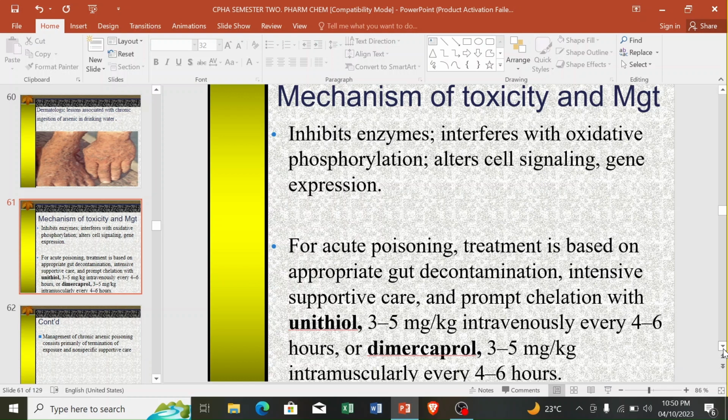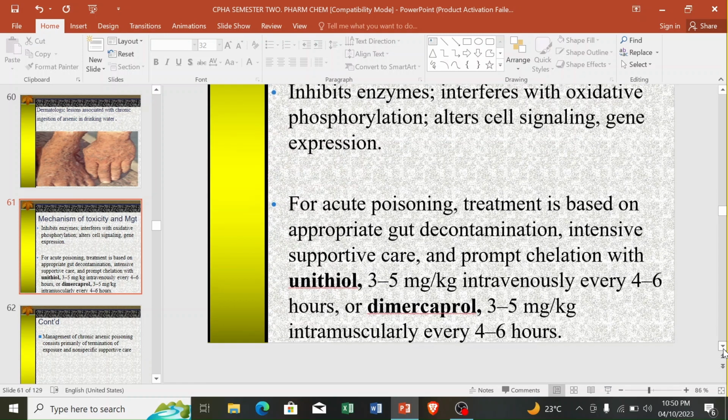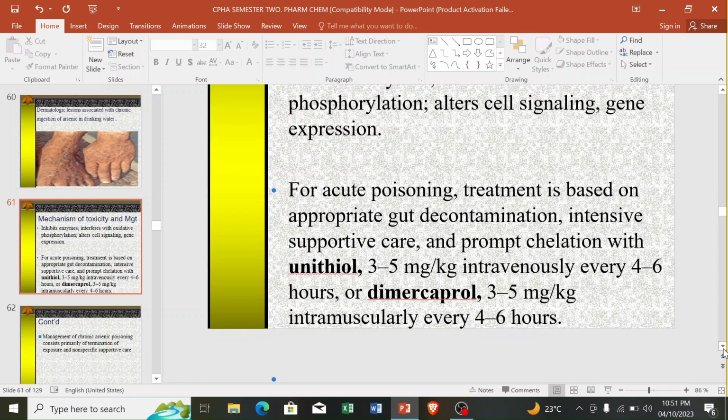Intensive supportive care is needed, and then prompt escalation with dimercaprol 3 to 5 milligrams per kg intravenously every 4 to 6 hours, or you can use dimethyl 3 to 5 milligrams per kg depending on what weight your patient is. This is the management.